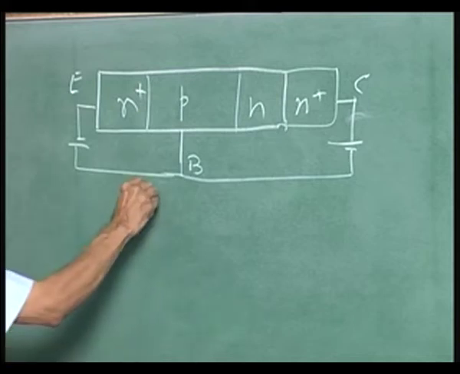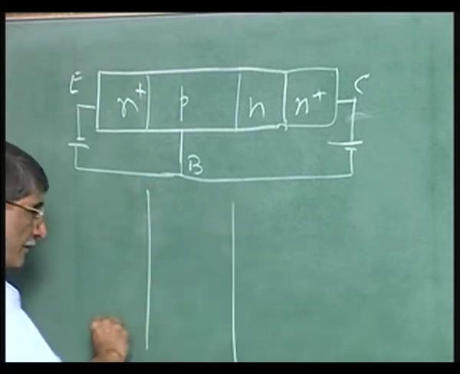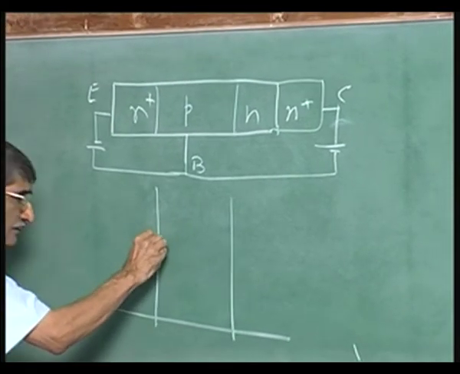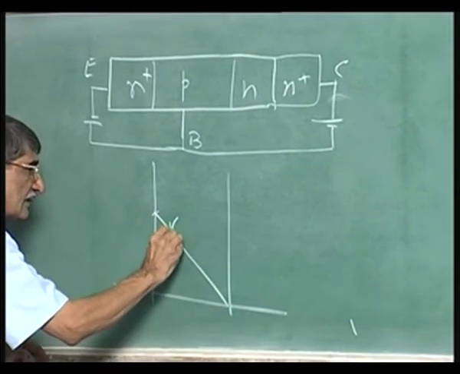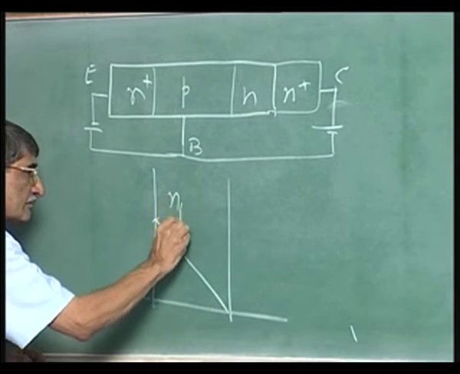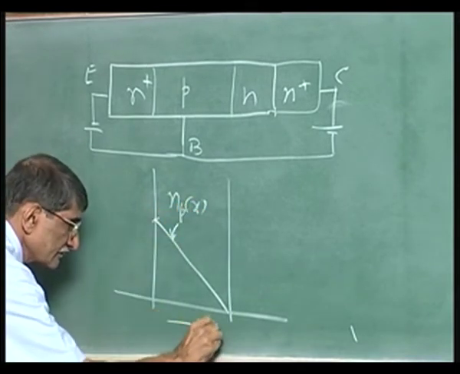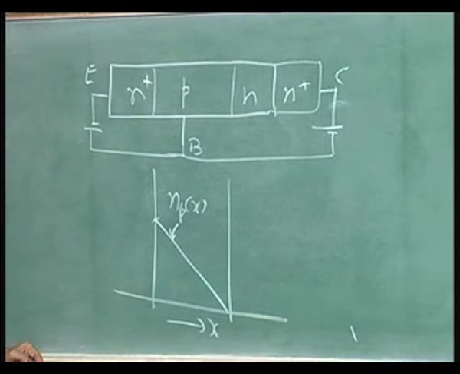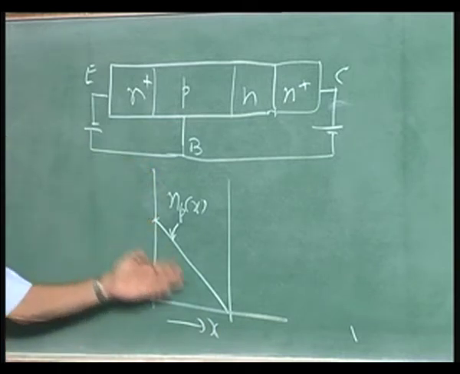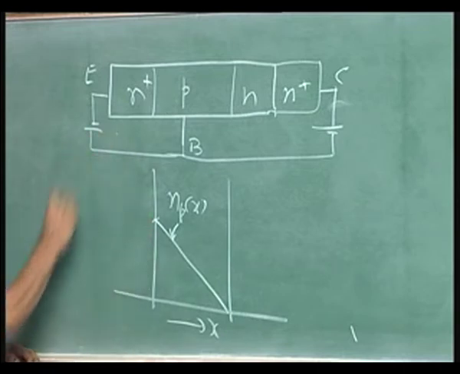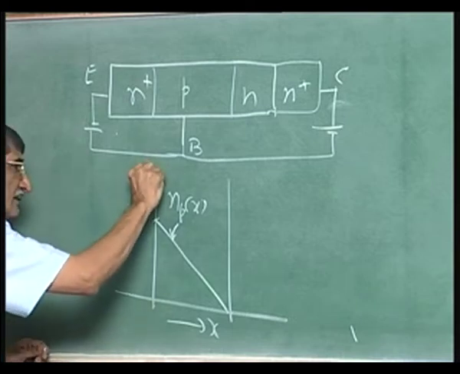So, here you can see in the active region you have the carrier concentration like this, that is x. This carrier concentration is like that, and on the emitter side, of course, there is a small transition region present.